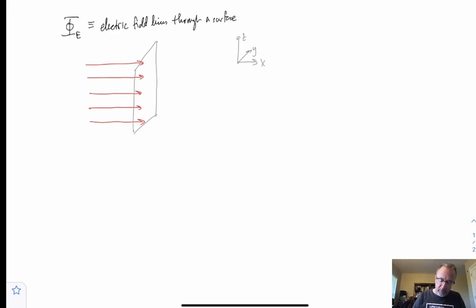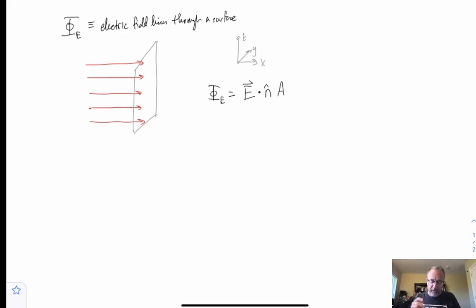Now, the way that we define electric flux is the electric field dotted into the surface area. So basically, it's E dot A, or the electric field times the area of the surface that the electric field lines go through.